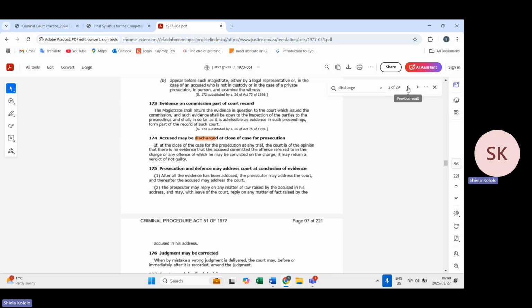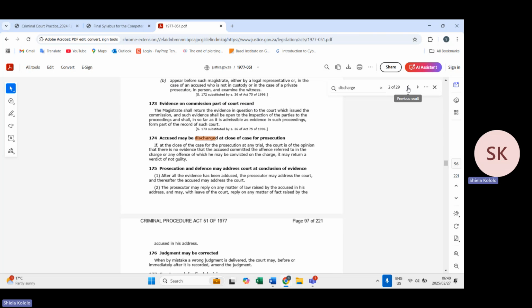As soon as the prosecution has concluded its case, the defense will have the opportunity to argue that the evidence is insufficient to prove the charge beyond a reasonable doubt. The defense requests a section 174 discharge and submits to the court that the prosecution has failed to make a case against the accused.